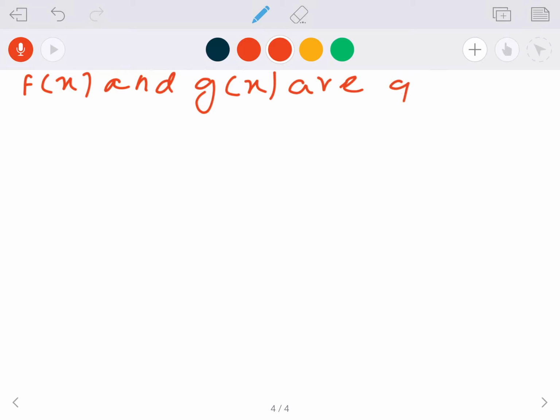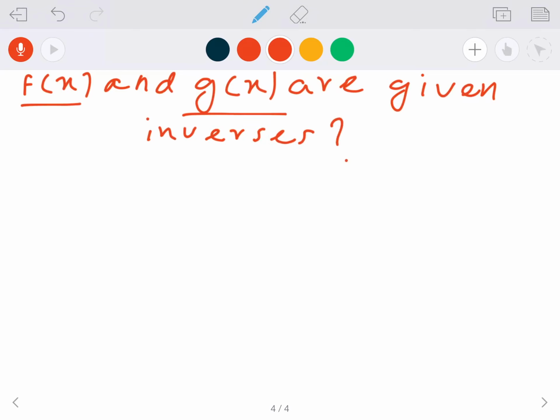Now let's use a different color. Let's say f of x and g of x are given. So if 2 functions are given, and now we need to find whether these 2 functions are inverses or not.